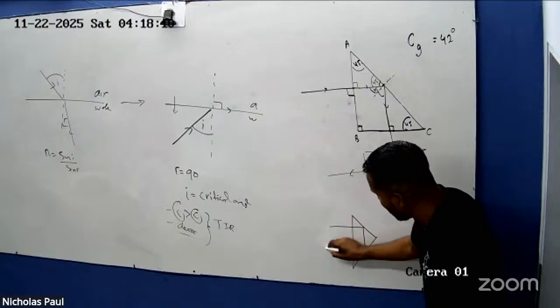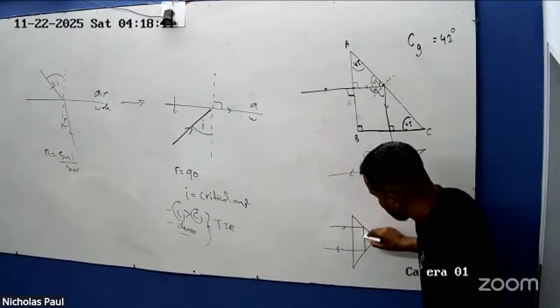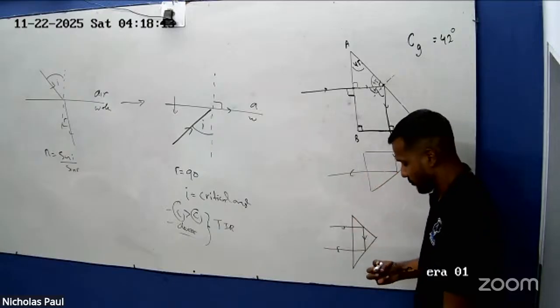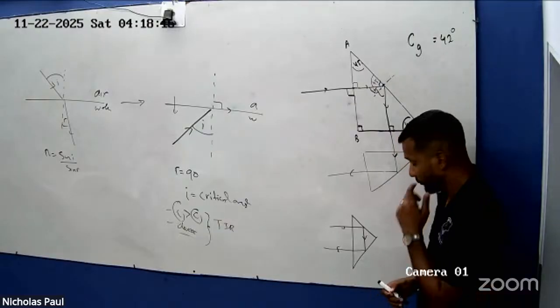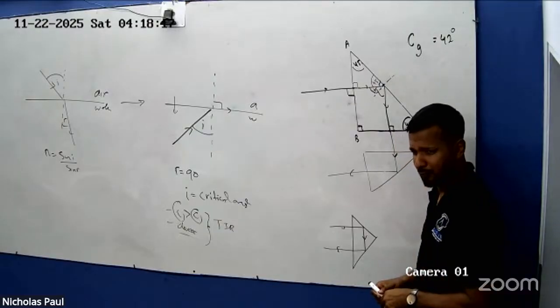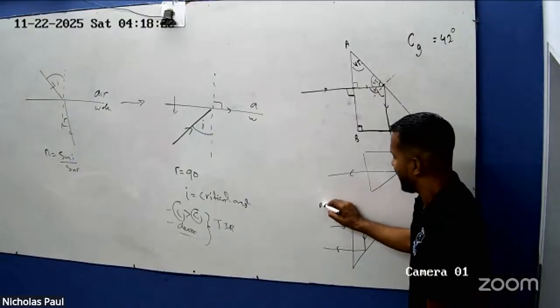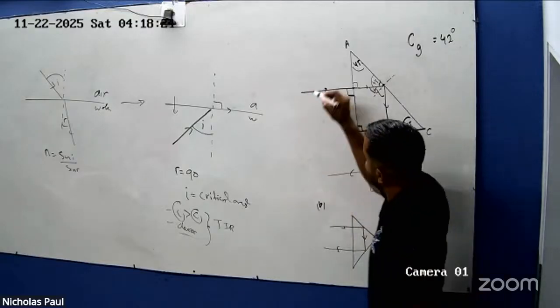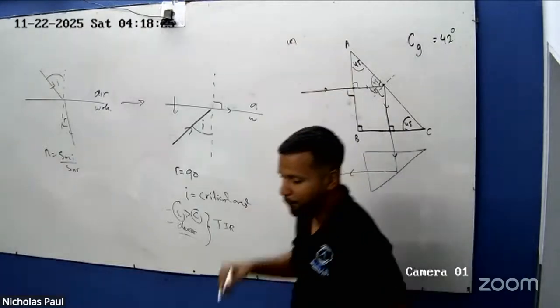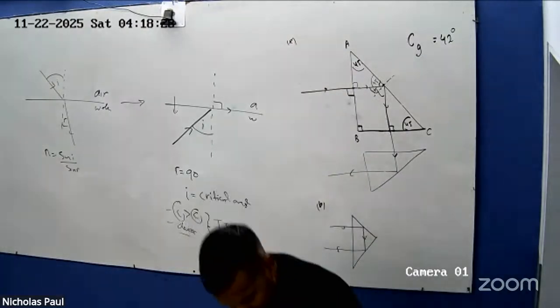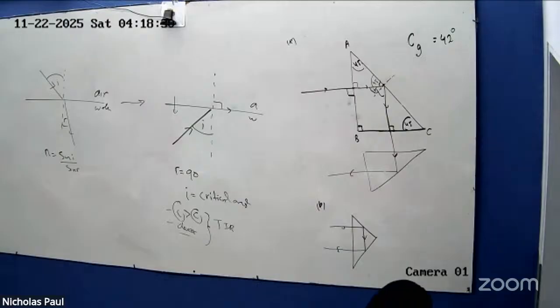Total internal reflection again. That is B, and there's a different option, right? That's just bending the ray 180 degrees. The first one is bending 90, this one is bending 180.